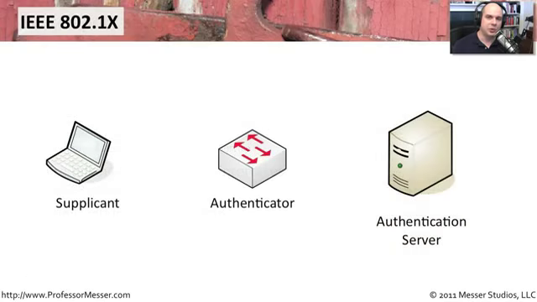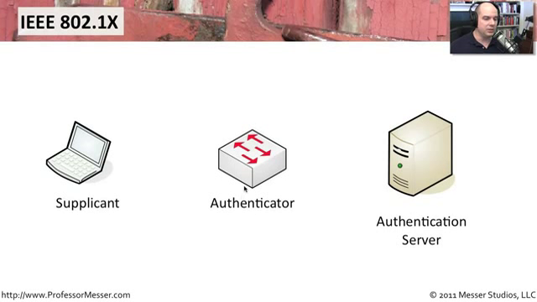Network access control using IEEE 802.1x is a pretty complex set of protocols, and it needs to be. We're providing access to ports on a switch through software. And so there needs to be a lot of checks and balances in between. There's three major components you have to think about with 802.1x. There's something called a supplicant. That is a piece of software that is running on your computer that recognizes how to communicate via 802.1x.